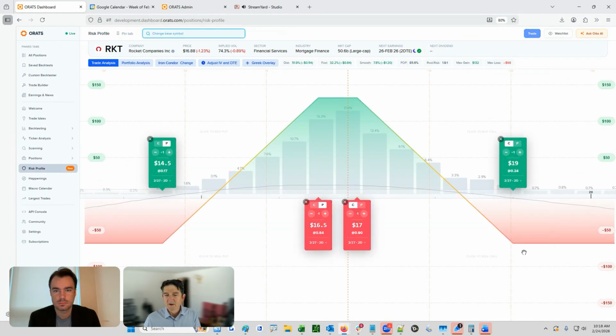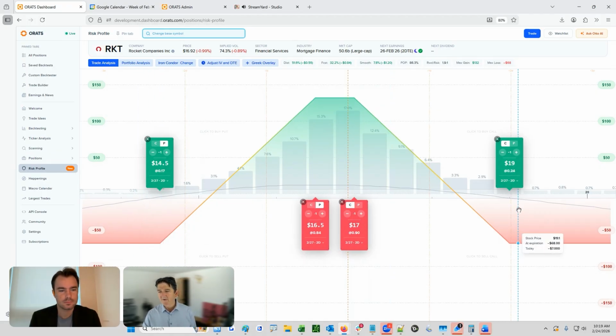You could view it in the risk page, which is awesome, and you can move these around. So it's just like, what do you think, right? Rocket Mortgage right now is 16.8. In this small trade, you could make $130 if it closes between here, and you could lose $68 if it goes outside of your strikes at 14.5 or 19.